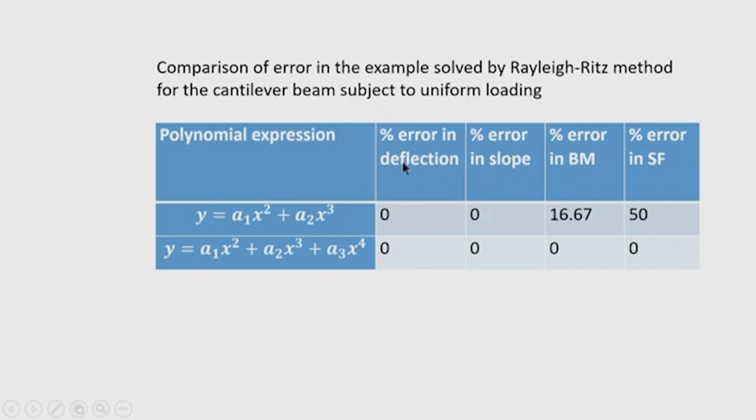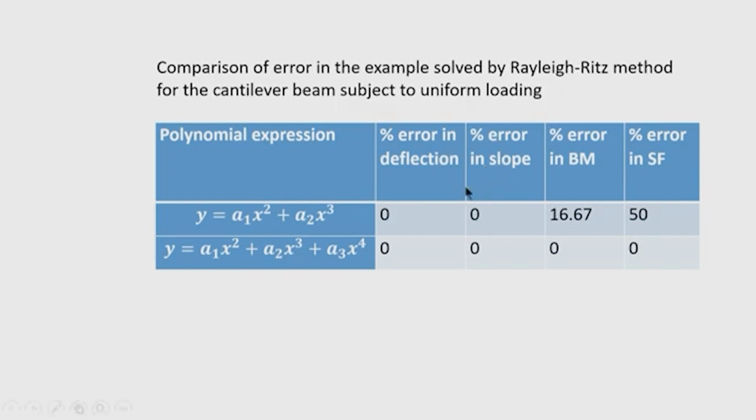Standard value of deflection at the free end is q naught L to the power 4 divided by 8 EI, whereas slope at the free end is q naught L cube divided by 6 EI.